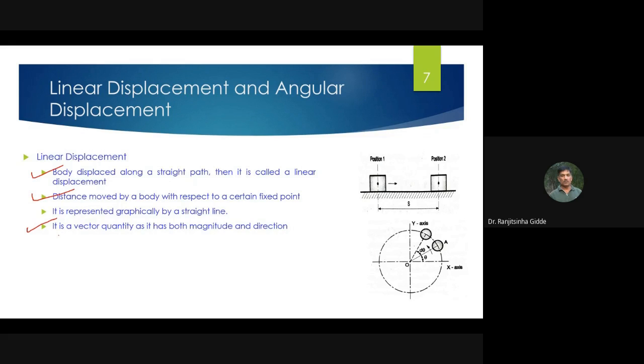It is a vector quantity and it has both magnitude and direction. Okay. Second, you can write angular displacement.